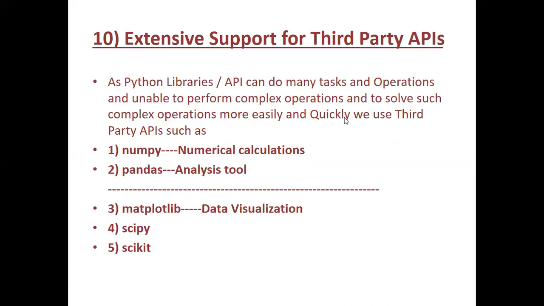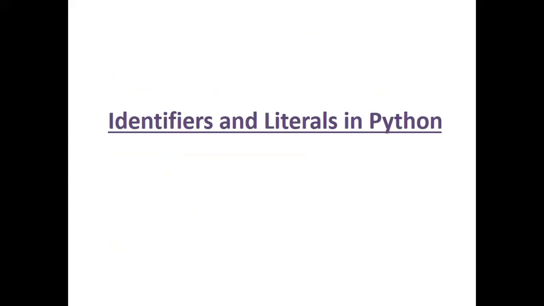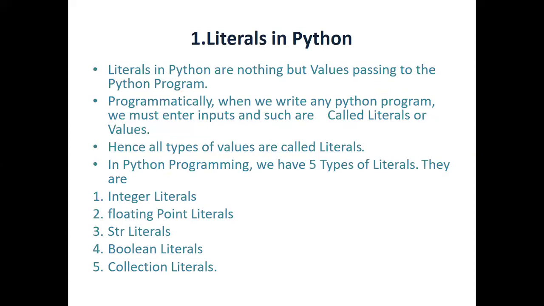Okay, let's proceed. Now we are going to talk about identifiers and literals. What are identifiers and what are literals? Literals are nothing but values passed to the Python program. Whenever we write any Python program, we make inputs, and such inputs or values, whatever values we write, are called literals.